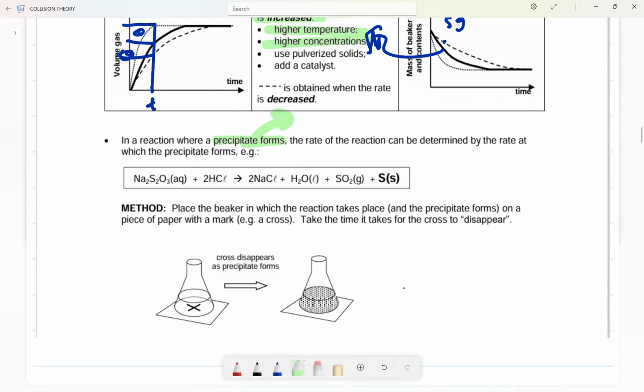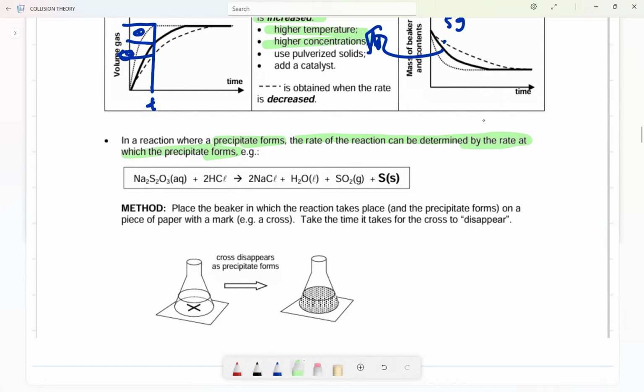Can you see? For an example, if I'm having a reaction of some concentration of something, then I add something there, it forms a solid there at the bottom. So we are saying that in a reaction where a precipitate forms, the rate of the reaction can be determined by the rate at which the precipitate forms.